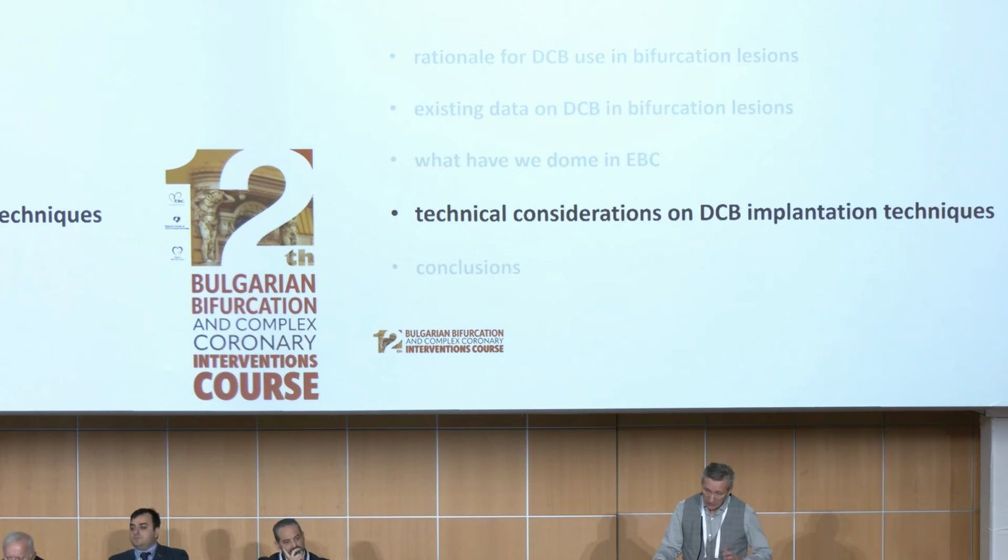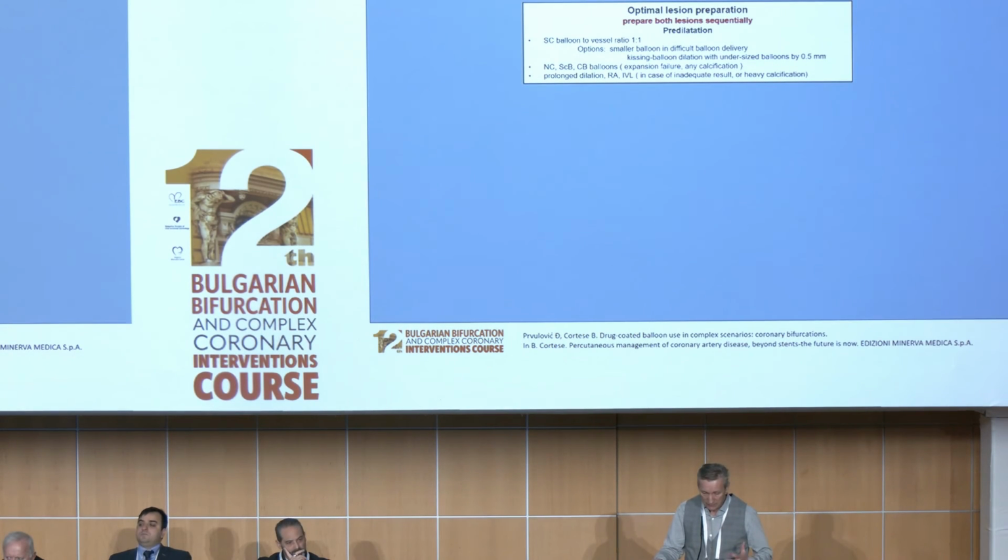Some technical details from my personal perspective. Predilatation: we are talking about true bifurcation lesions. Predilatation should be done separately in the main and side branch. There is an opinion, of course, to try with a semi-compliant balloon, trying to reach a 1-to-1 balloon-vessel ratio.